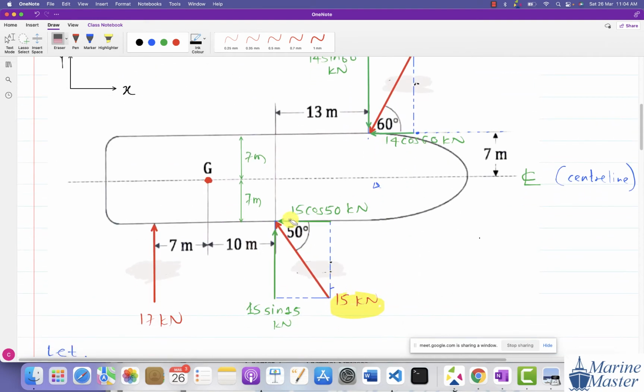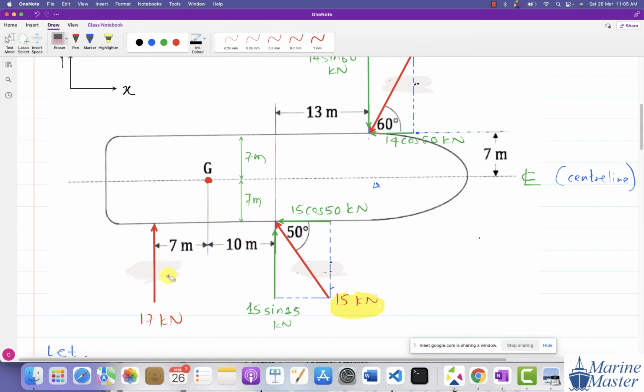Similarly, in this drawing, this is our 15 kilonewton. This 15 kilonewton will have two components, one in the x direction and another in the y direction. As the 15 kilonewton goes inward, its components also go inward. And what about 17 kilonewton?